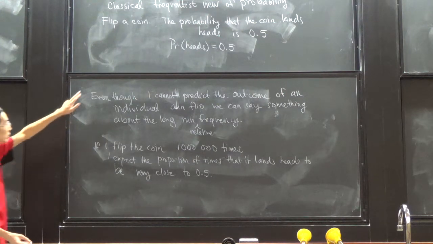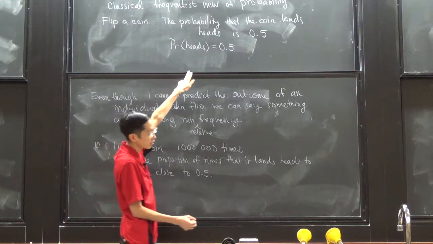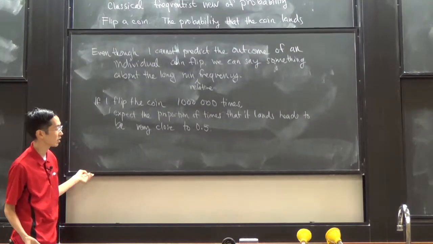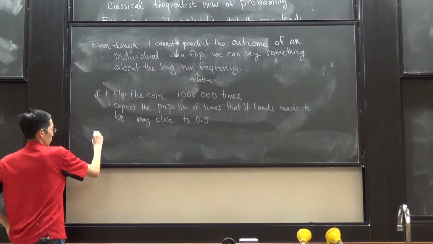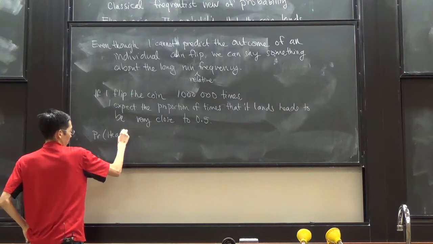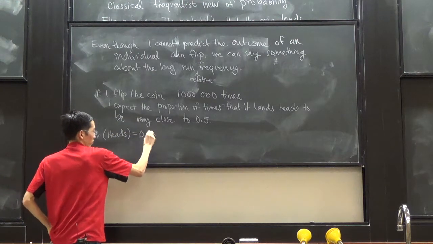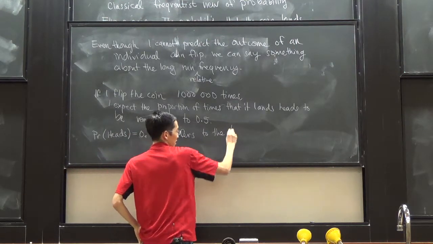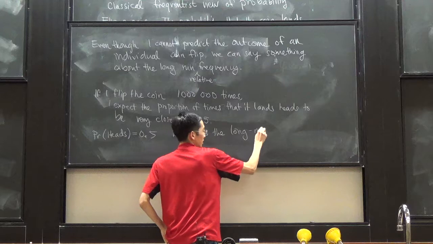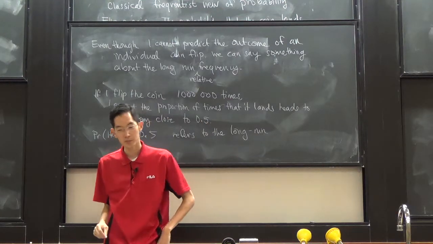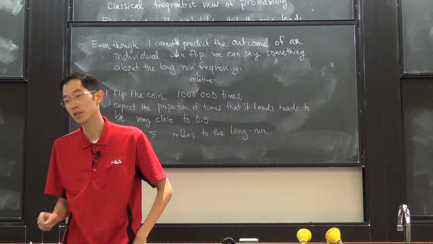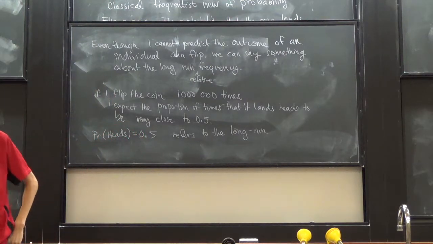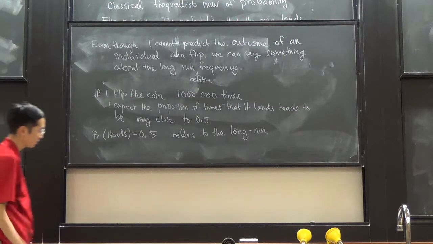Okay. And so when I say the probability that the coin lands heads is 0.5, that is talking about the long run, and the long run being potentially infinite, okay? So even after 1,000,000, that is technically not enough for the long run.